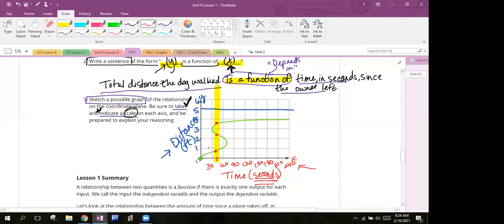Is that possible? No, that's not possible. We can't do that. So that wouldn't work for my graph.